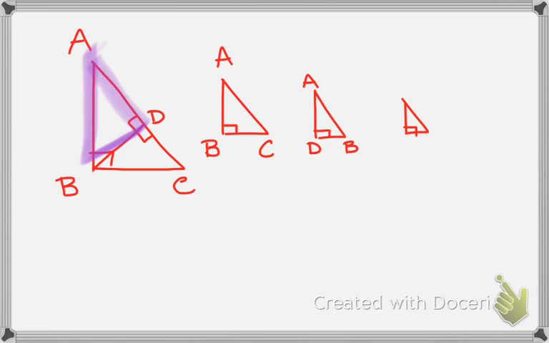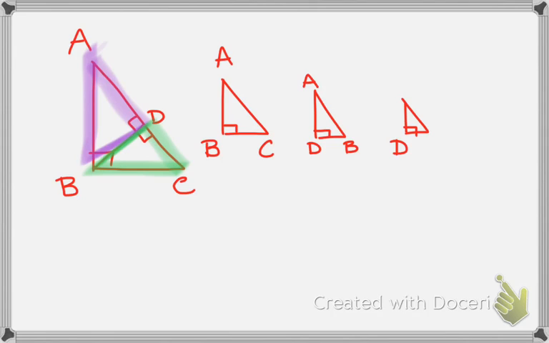Okay, so now let's go down to the bottom triangle in green. Where's your right angle? Still at D. And this will always be the same. Your right angles for both of these will always be the same letter. Now out of DC and DB, which is the longer leg?